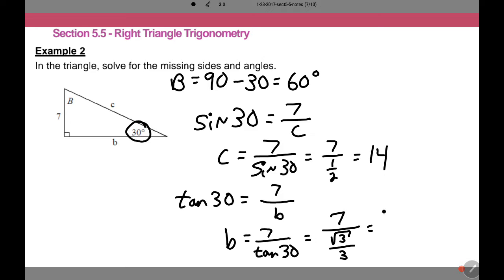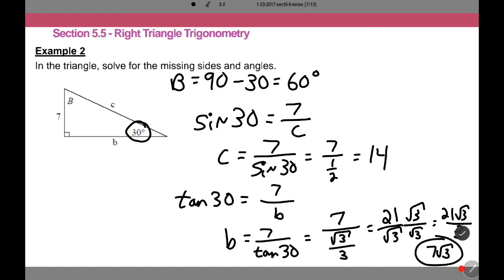So that gives us 7 times 3, which is 21, over the square root of 3. And then I have to rationalize that. That gives me 21 square root of 3 over 3. And that actually reduces to 7 square root of 3 for side B.